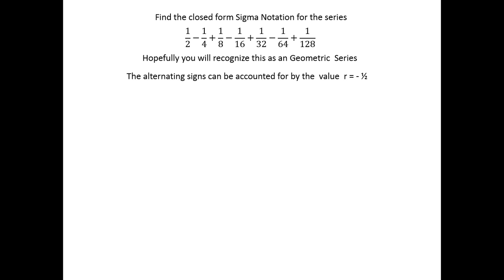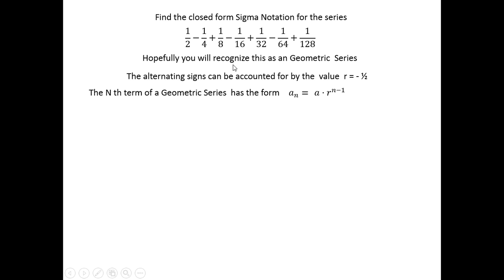So that being the case, 1/8 divided by -1/4, of course, would give us -1/2. -1/16 divided by +1/8 would give us -1/2. So we identify that the R value is -1/2. Now, we should easily identify with any and all geometric series that the nth term takes on the form a times r to the n minus 1.